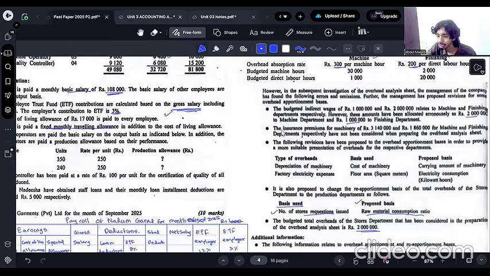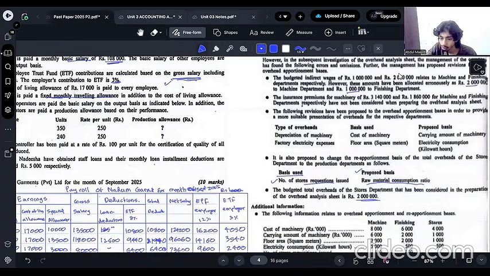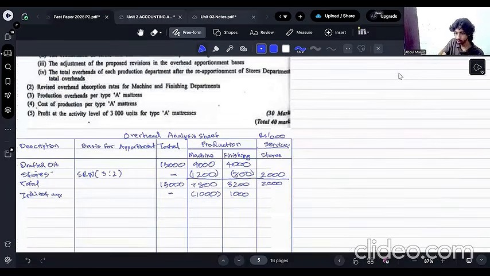Then the insurance premium for machine, 3,140,000 and 1,860,000 for machine and finishing department respectively have not been considered, so totally omitted. So you can record that. Machine insurance is directly given, so you can say direct or you can use the word allocation.